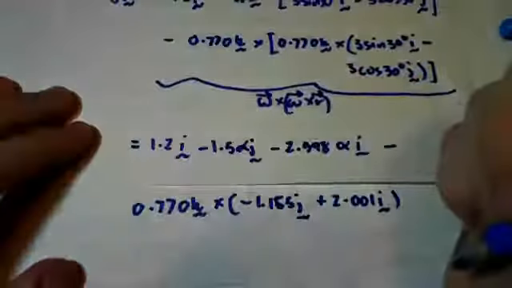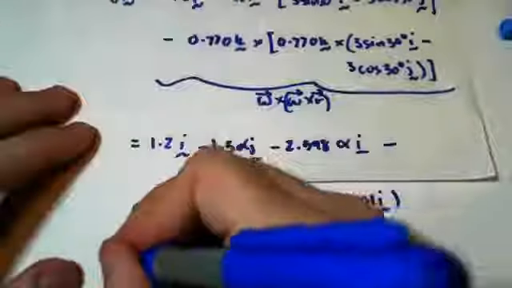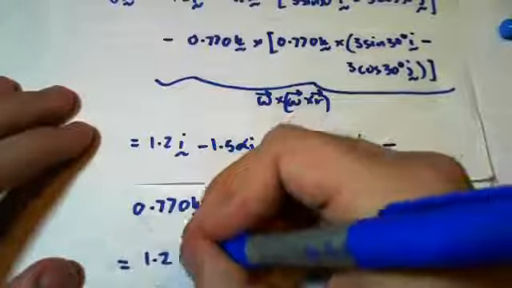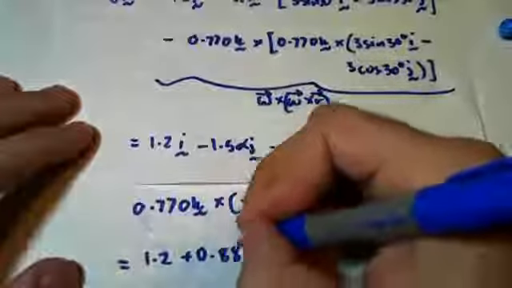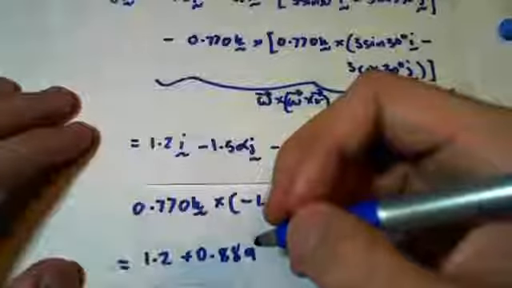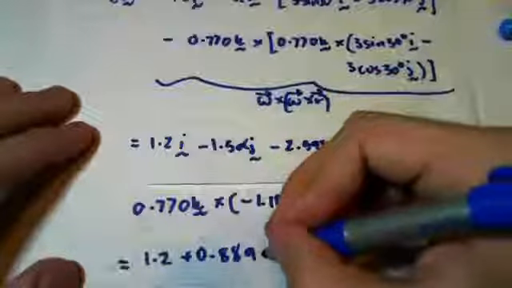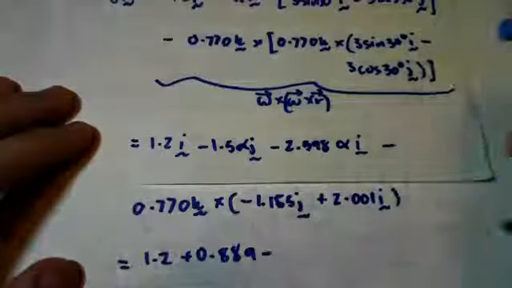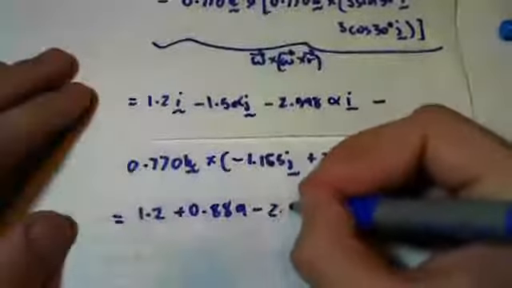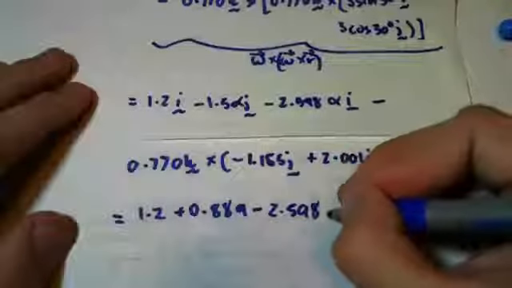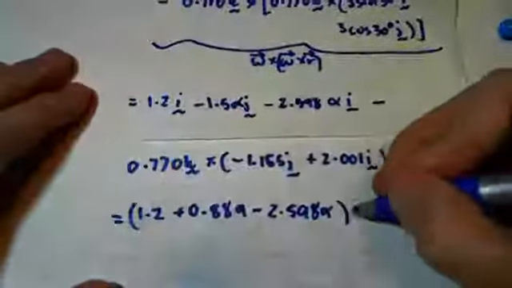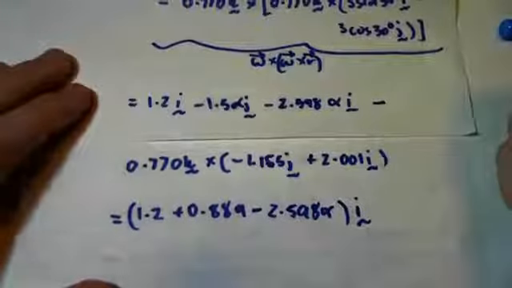And that ends up giving us 1.2 plus 0.889, and we're going to subtract our 2.598 alpha term, and that's our i components of acceleration.